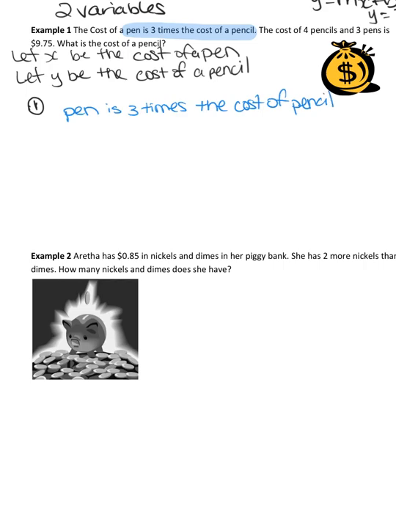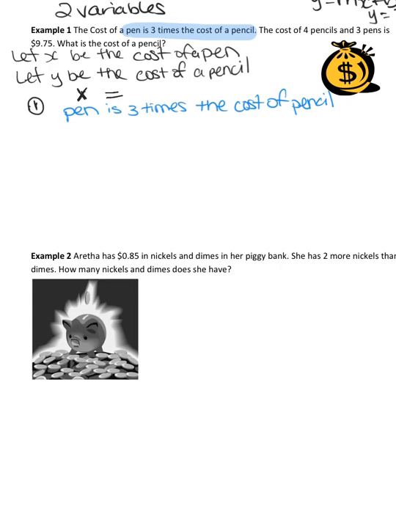Okay, so a pen. Instead of pen, now we're going to insert our letter. And we said that pen is x. So x is, well, that is the same as saying equals.